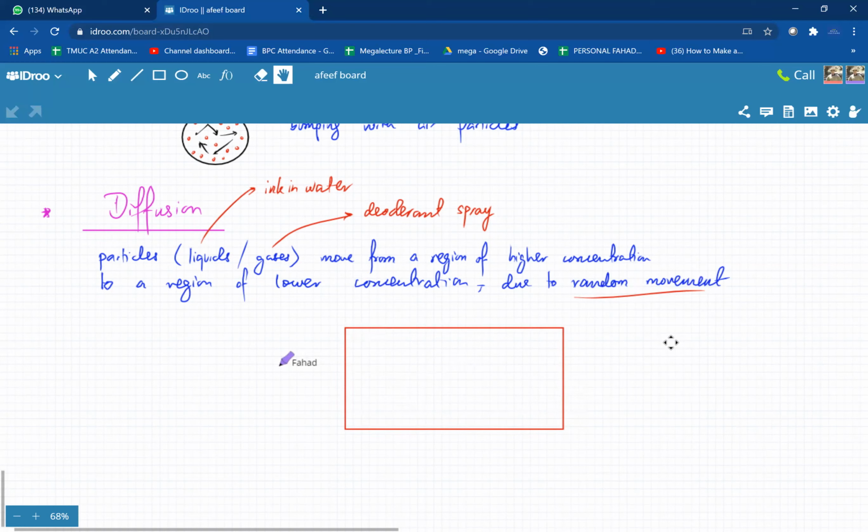If you spray perfume at one end, how would the particles move? This is the region of higher concentration. They're obviously going to move in Brownian motion, and they're going to move to the other corner and spread out as well.